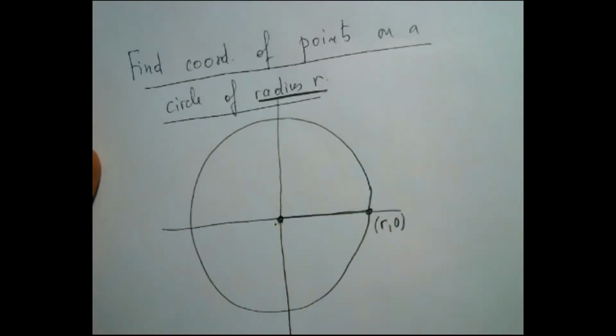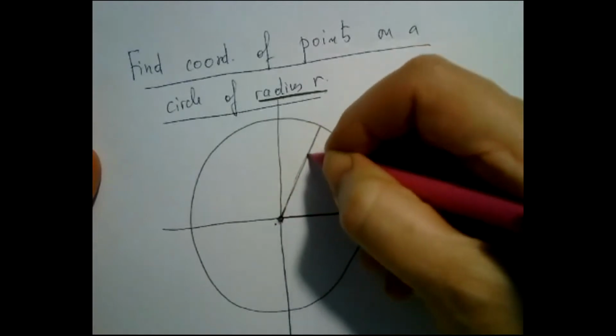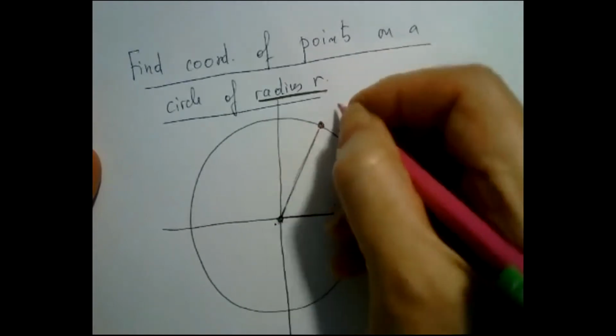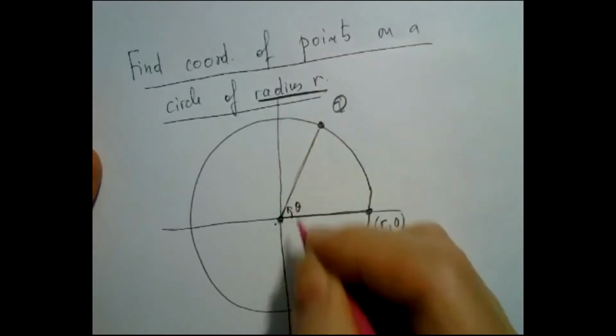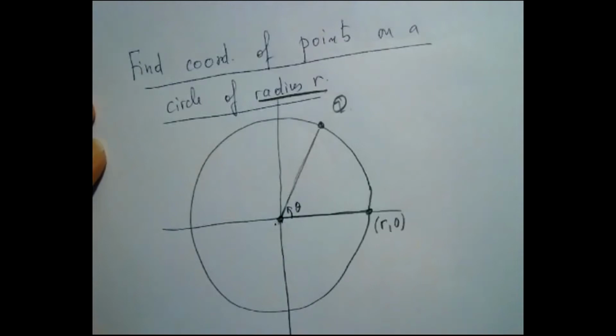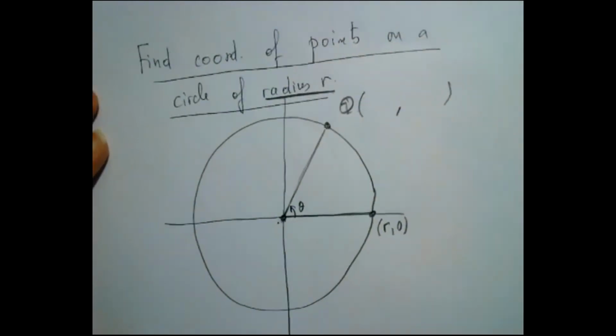And I have a point on the circle of radius r. This is my point, I'm going to call it Q, determined by an angle theta. And the question is, what are the coordinates of this point? It's not cosine theta, sine theta, because cosine theta, sine theta only work on the unit circle.